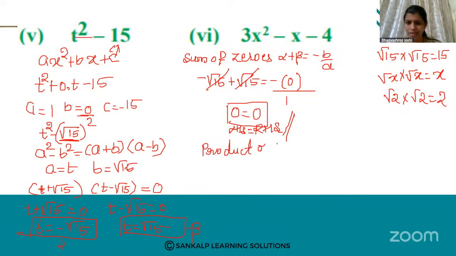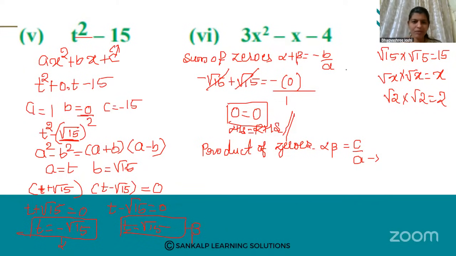Product of zeros, alpha into beta is equal to c divided by a. c means what? Constant. a means what? Coefficient of x square. b means what? Coefficient of x. a means coefficient of x square. Right?